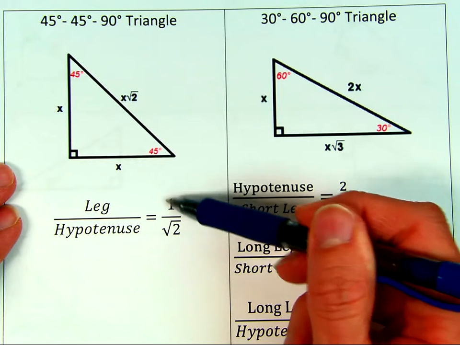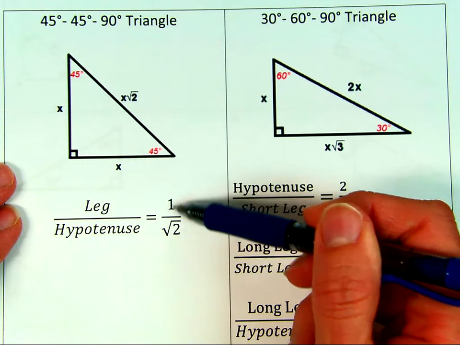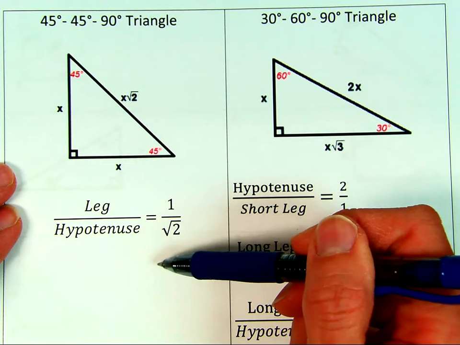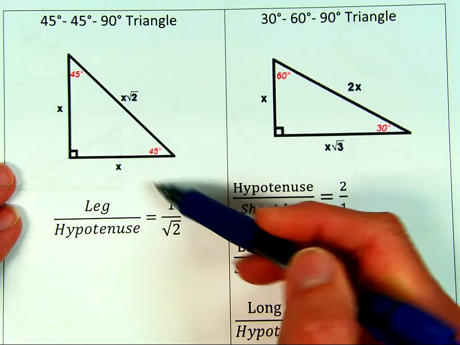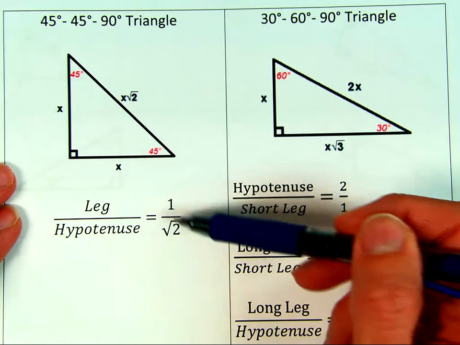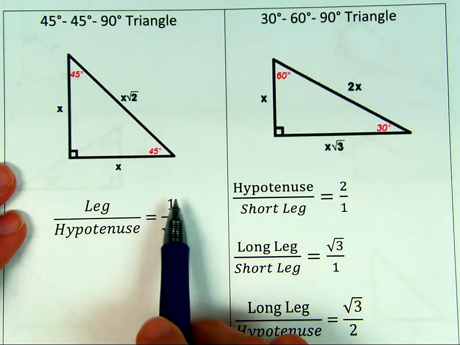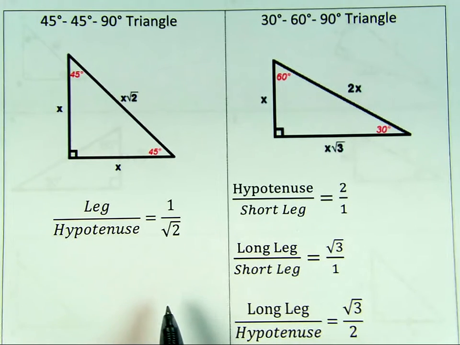We know that if the leg is 1, all we have to do is multiply by radical 2 to find the hypotenuse. And we're going to use proportions to do this. Some of you might use the shortcut where you say, oh, that's 3, then that's 3 square roots of 2. And that's fine. But to start off, I'm going to use the radical, this 1 to radical 2 ratio.